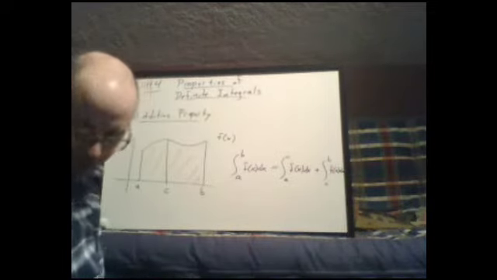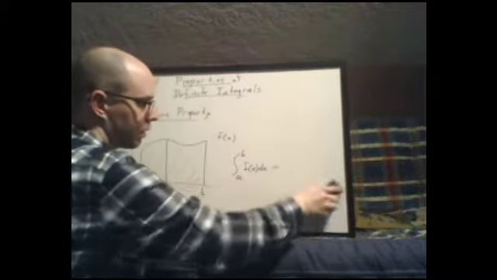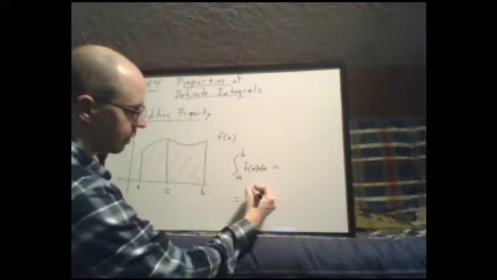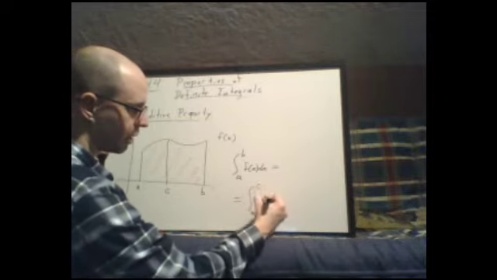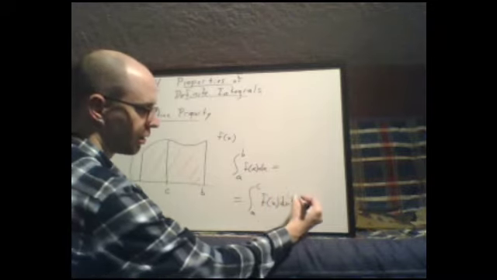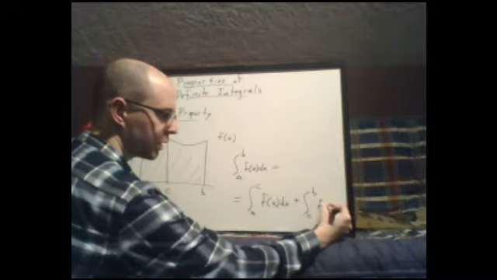I hope that's legible. I'll rewrite that, sorry, on the next line. So this is equal to the integral from a to c of f of x dx plus the integral from c to b of f of x dx.